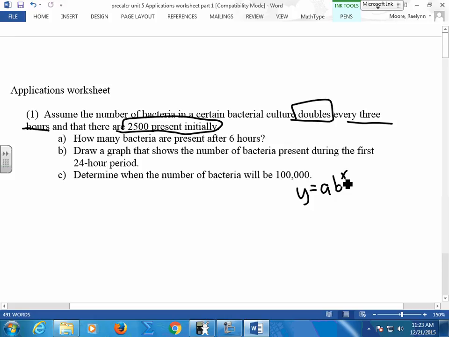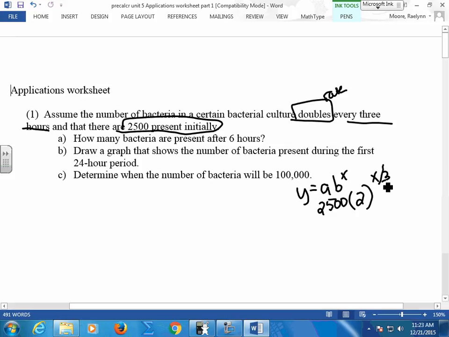Now, start with your basic equation. What's A? 2,500. This is our initial. What's my rate? 2. I'm doubling. Okay. Here is my x. If I put x, this would mean every hour. Am I doubling every hour? What's my cycle? Every 3 hours.